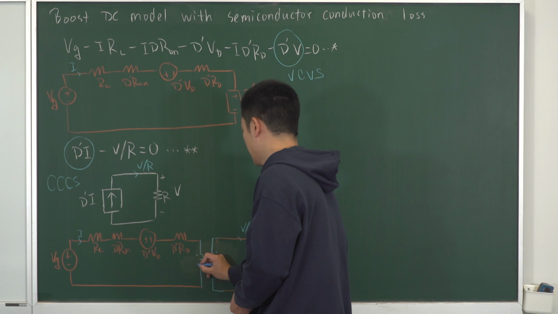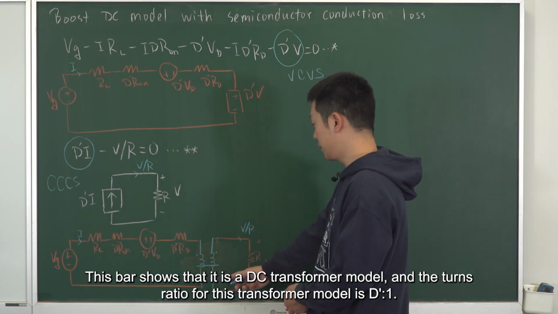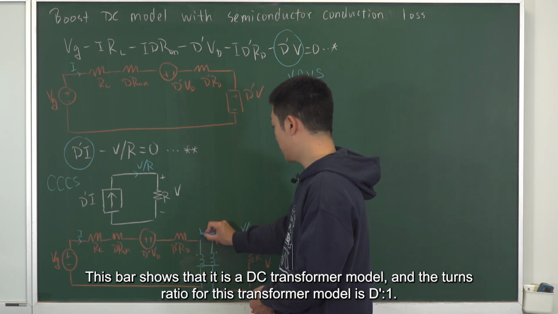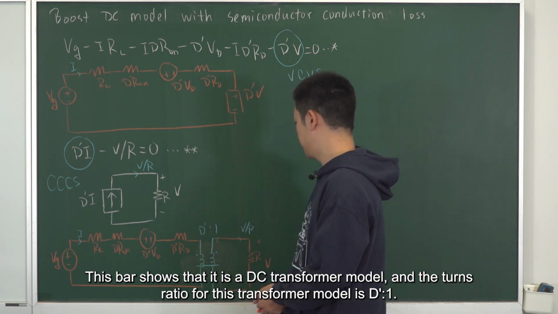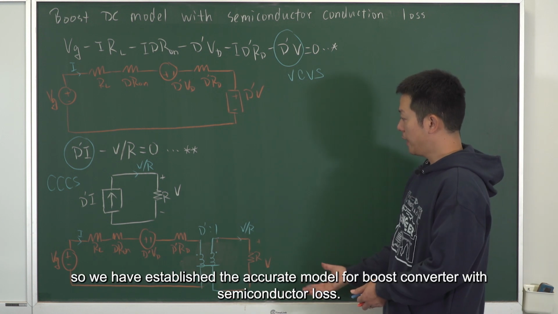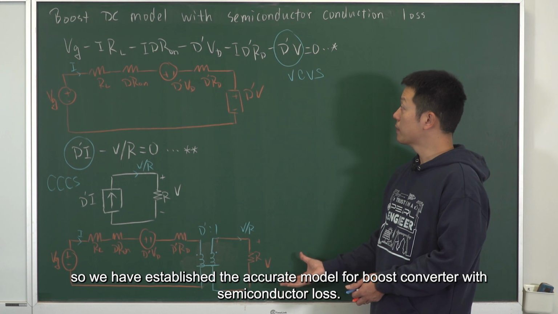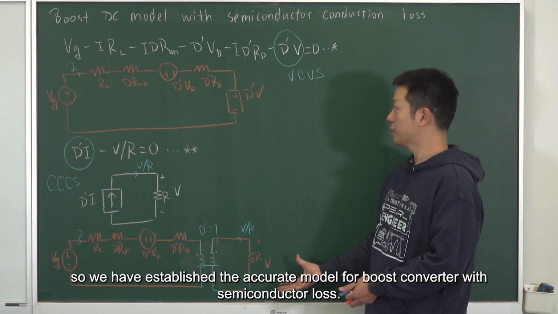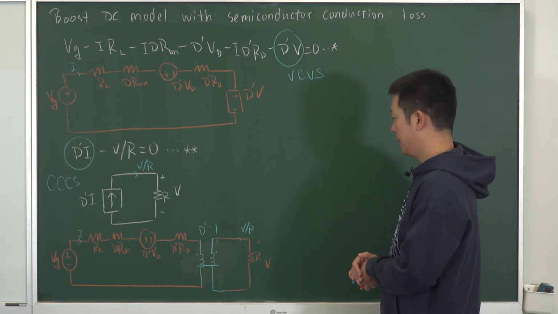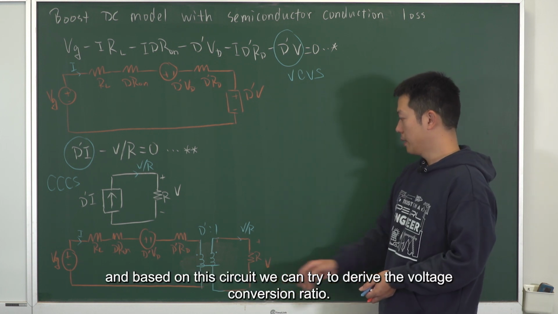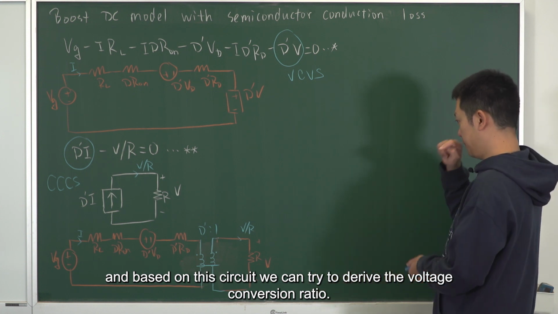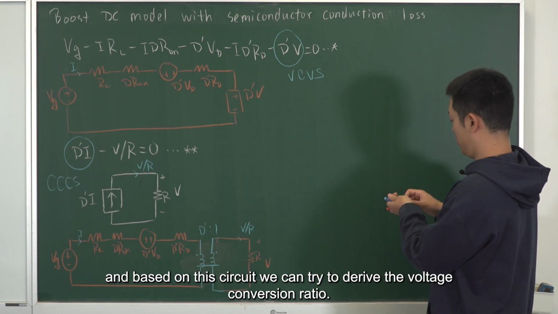Here is the coupling point, and this bar shows that it is a DC transformer model. And the turns ratio for this transformer model is D prime to 1. So we have established the accurate model for boost converter with semiconductor loss. And based on this circuit, we can try to derive the voltage conversion ratio.